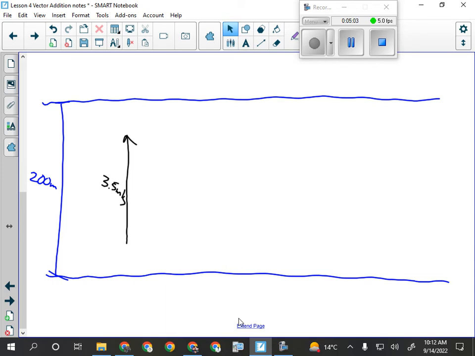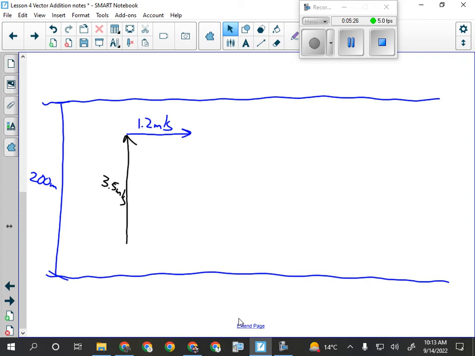What's going on at the same time? The current. They're going right at 1.2 meters per second. They're going to go east because of the river current, at 1.2 meters per second. Even though these don't happen one after the other, they happen concurrently, I still draw them like this.